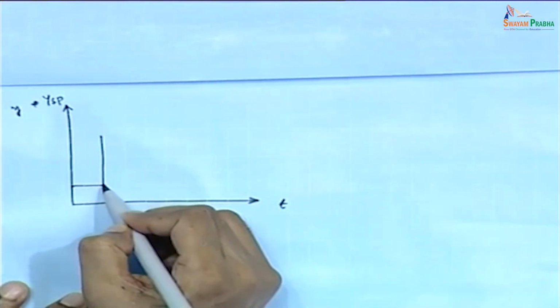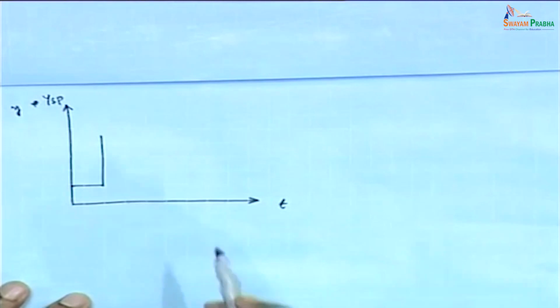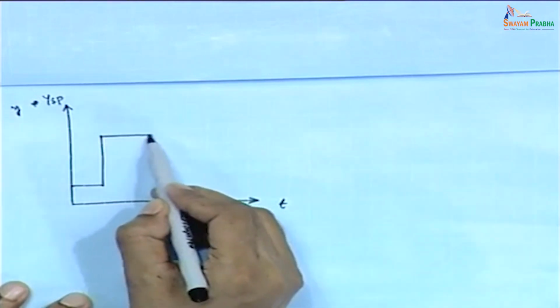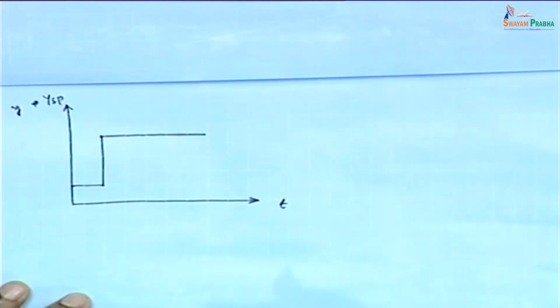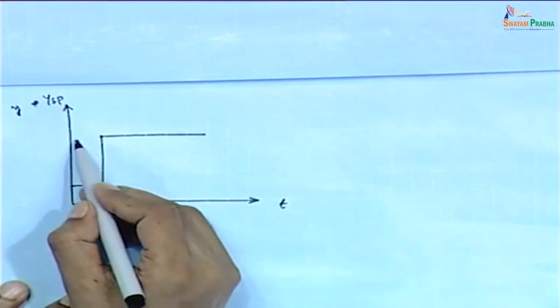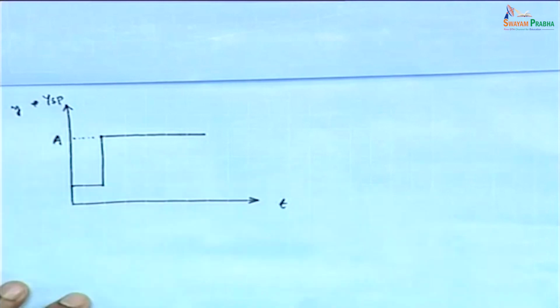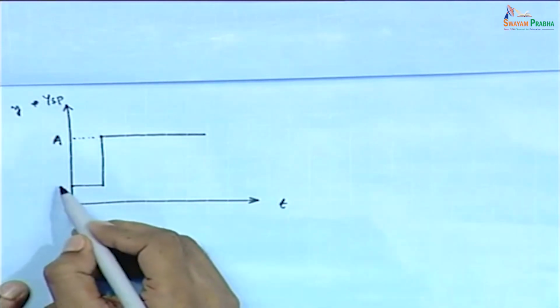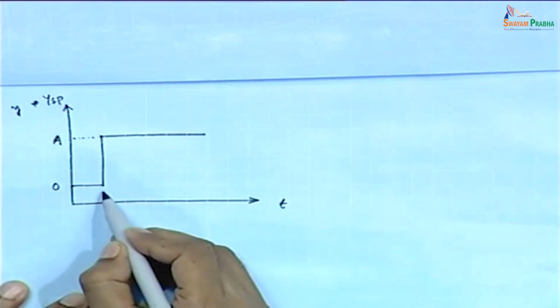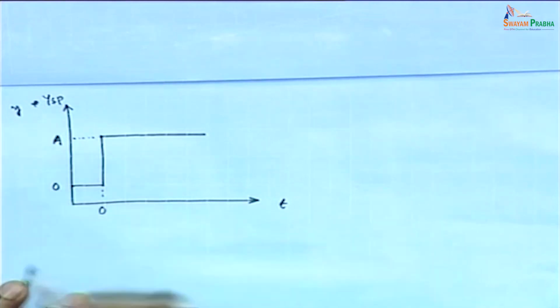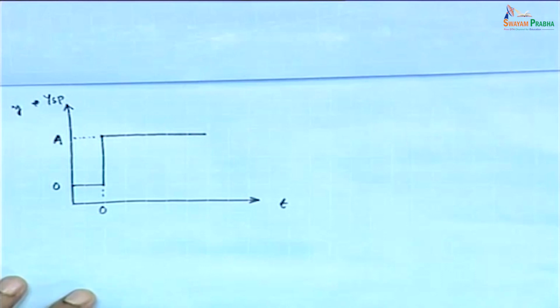We consider a step change in set point with magnitude A. Initially it was 0, and we introduce the step change at time equals 0.